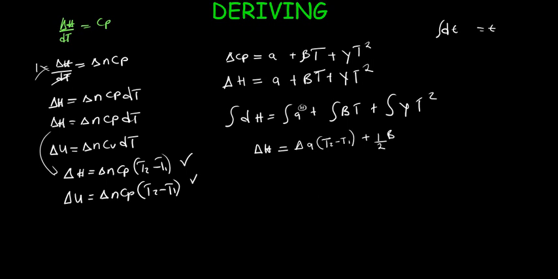Then there was a change in gamma, like that: temperature 2 minus temperature 1. So you say the change is like that. Then these are raised to the power 2, because that is what happens after integrating.